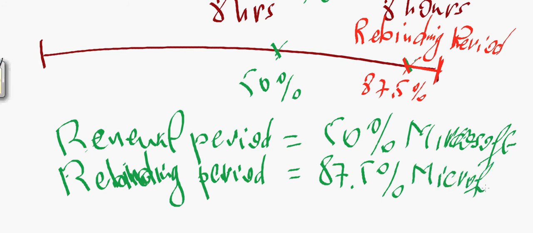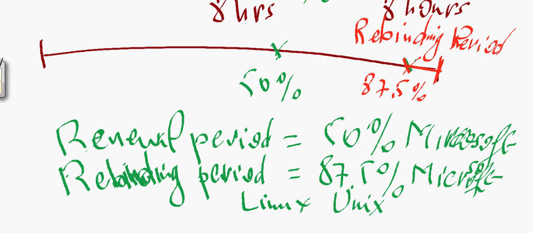So if you go to other operating systems like Linux, Unix, etc., they have different default values.